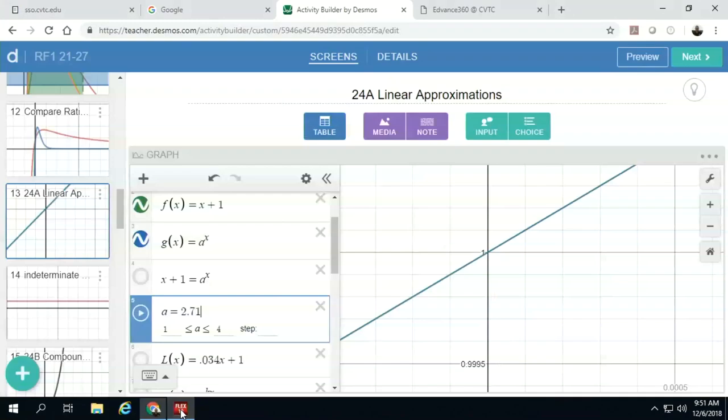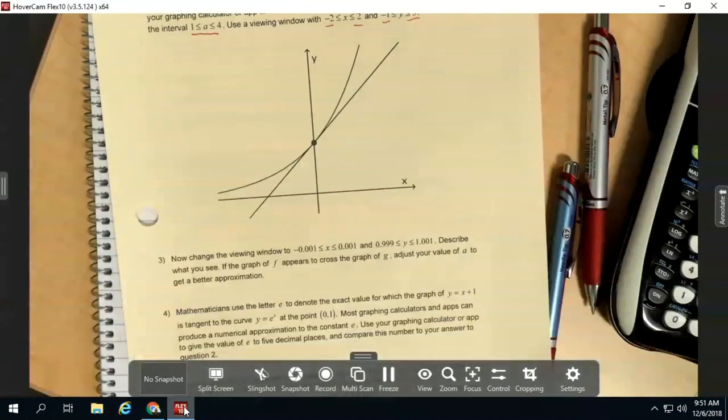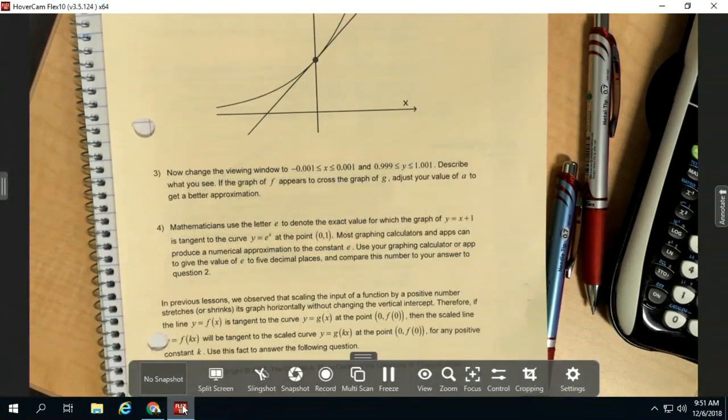Number 4, mathematicians denote the letter e for the exact value for which the graph y equals x plus 1 is tangent to the curve y equals e to the x.